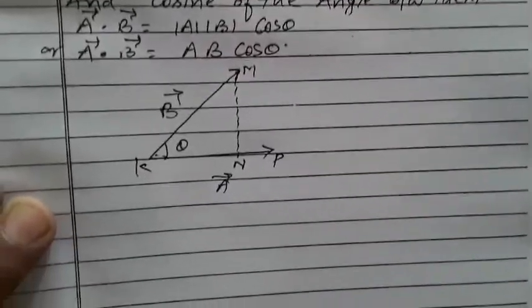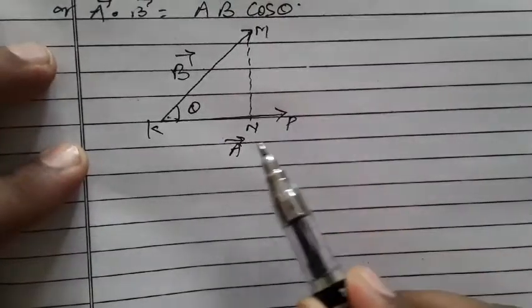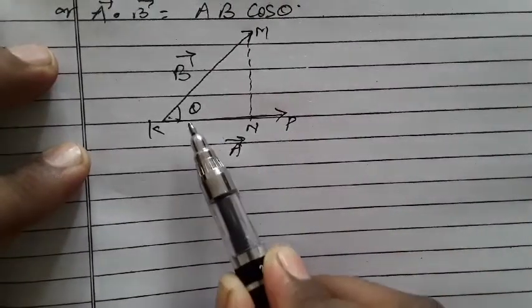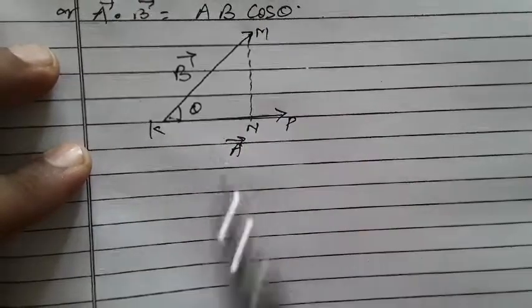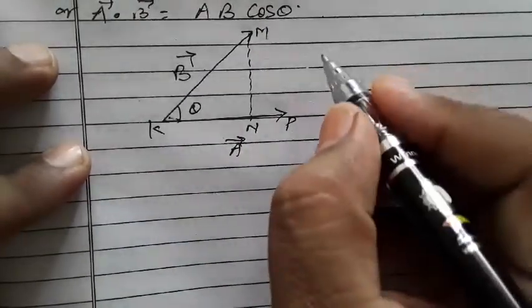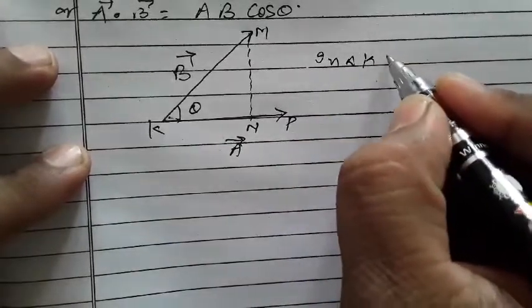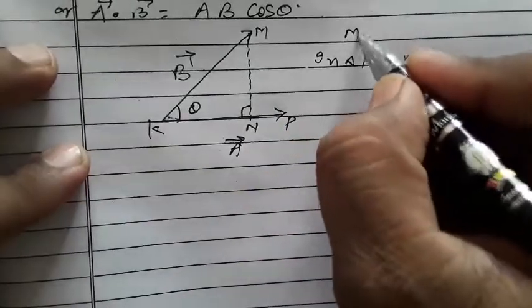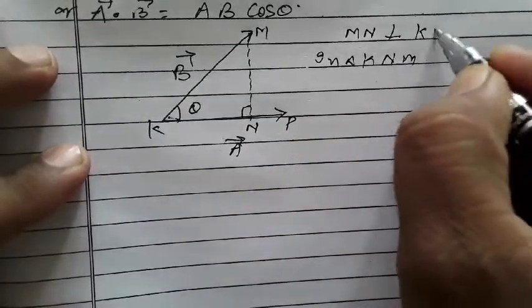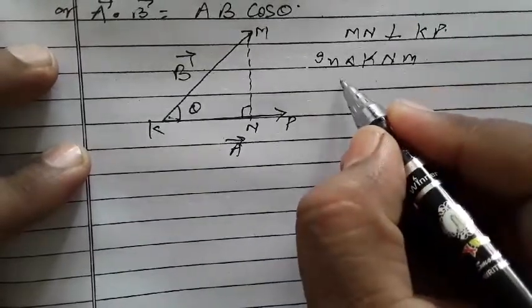Now, the geometrical interpretation. Suppose vector a is taken along KP and vector b is taken along KM. In triangle KNM, where MN is perpendicular to KP, we can find cos theta.